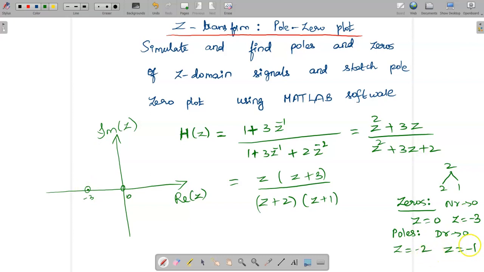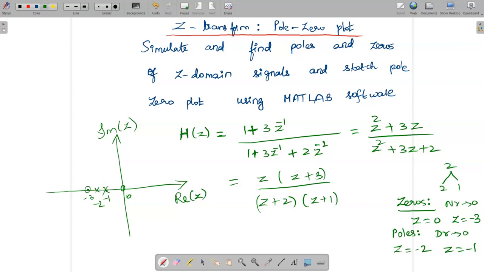Similarly for the poles, at minus 1 we put one cross, and at minus 2 we put one cross. So poles are given by cross and zeros are given by circle. Like this we usually draw the poles and zeros in the z plane.